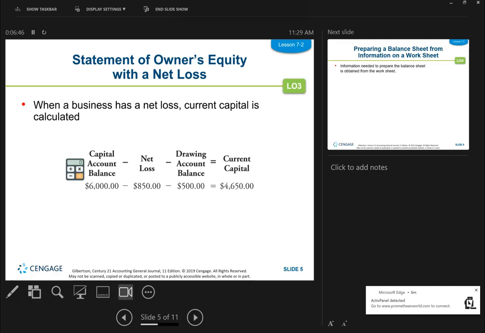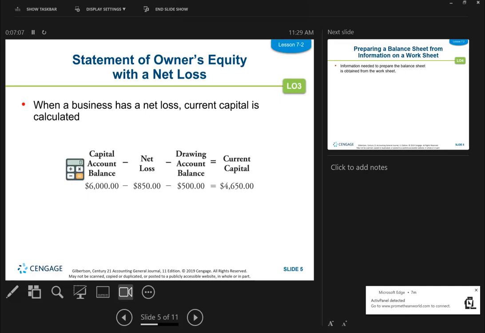So when a business has a net loss, the current capital is calculated as the capital account balance minus our net loss minus the drawing, right?